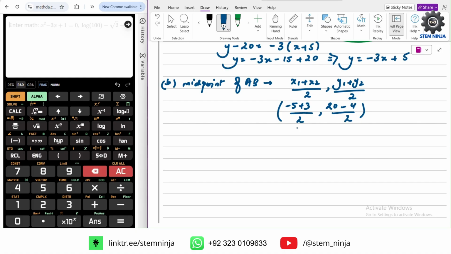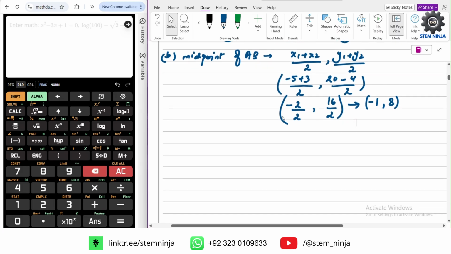So this is going to be -2/2, and this is 16/2, simplifying to -1 and 8. So this is our midpoint.